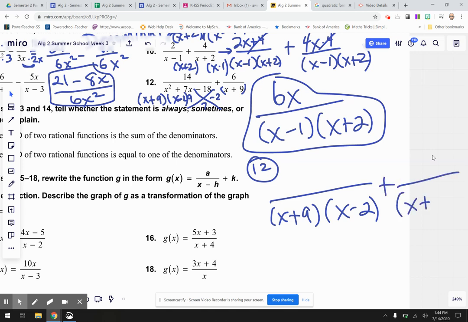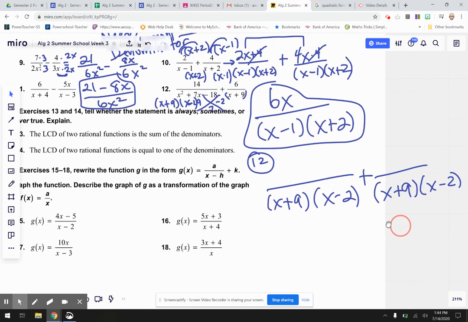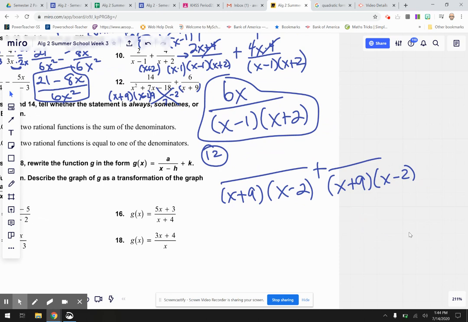Okay, both fractions. And the first one, we don't have to do anything because it was already x plus 9, x minus 2. So we're just going to put the 14 up there. The second one, though, you need to multiply by x minus 2 on top and bottom. So you need 6x minus 12 to be the top here.